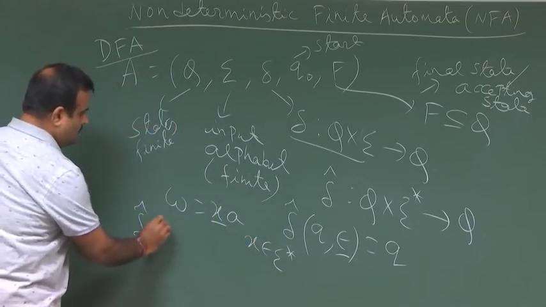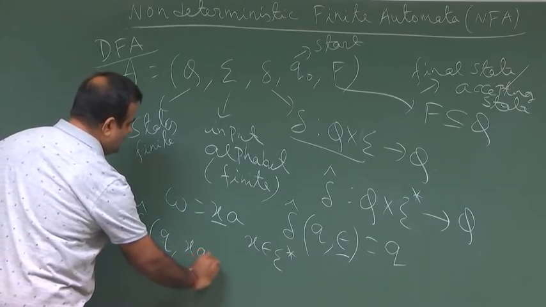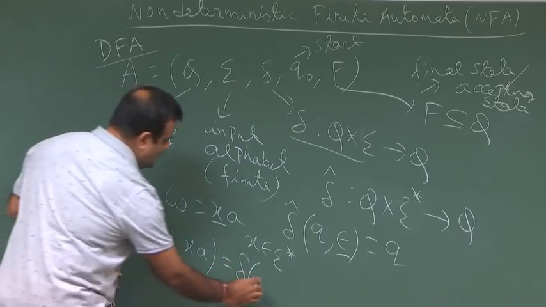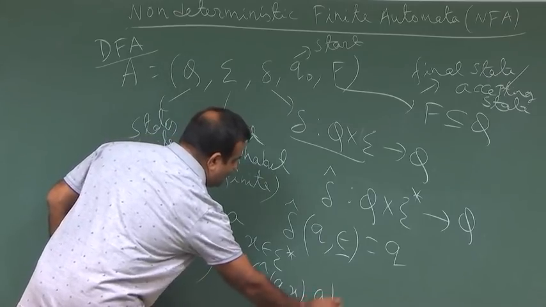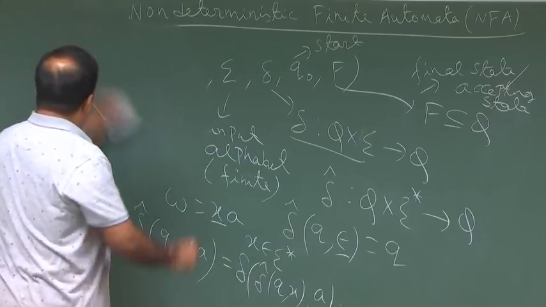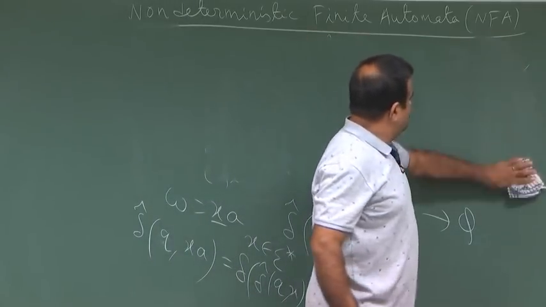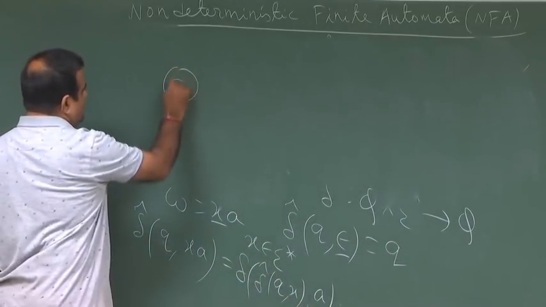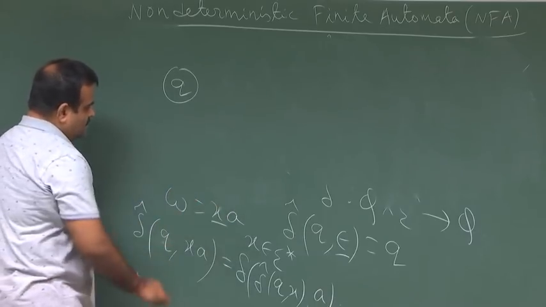delta hat of q comma xa is defined as delta of delta hat of q comma x, and then finally we read a. So the meaning of this is we are at the qth state, we want to read this.